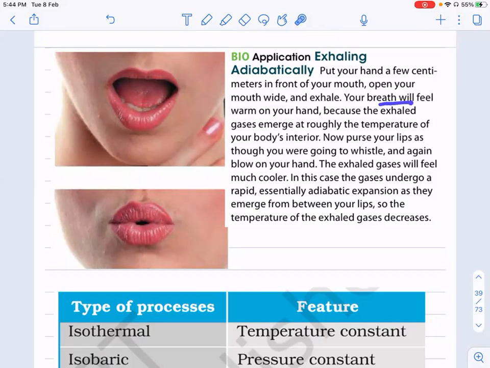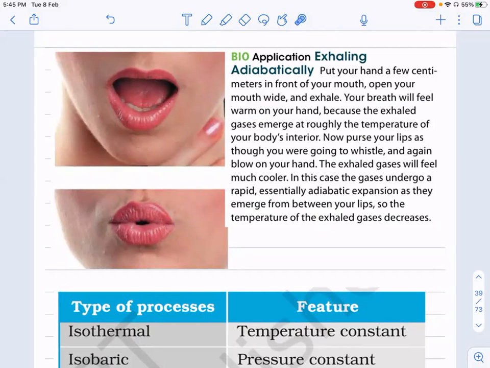Your breath will feel warm on your hand. In this condition, if you exhale, you will feel the hot air, whereas now you just close your lips and blow the whistle or blow the air out. Now what will happen in this condition?